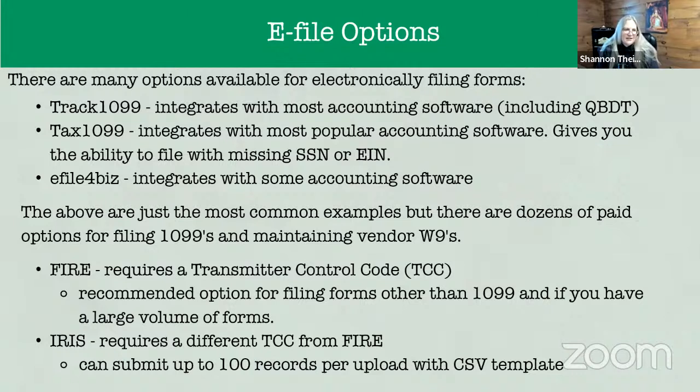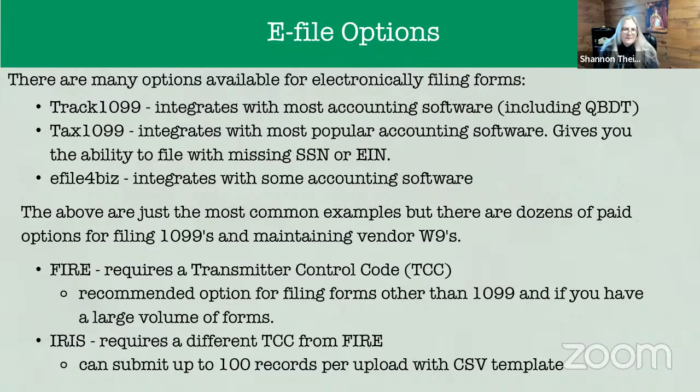And there's a lot of different options available for e-filing your forms. Payroll software will usually e-file the W-2s as a standard course. But if they don't, Track1099 and Tax1099 integrate with most accounting software.